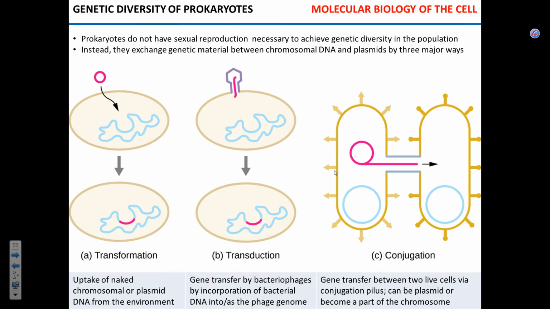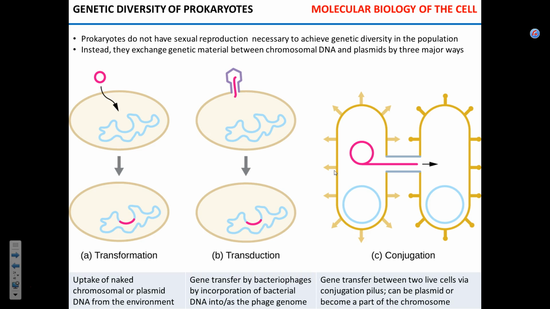Now we're going to talk about sex. Well, just a little bit. The bacterial one. The purpose of sexual reproduction, as we have discussed, is to increase genetic diversity. But bacteria do not have sexual reproduction.